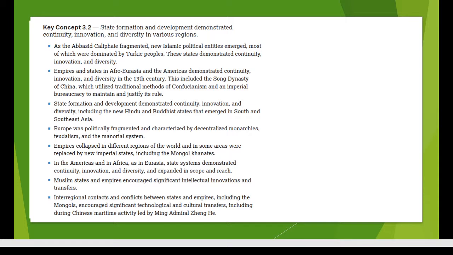Serfs were somewhat coerced, though, Caitlin. But nice work there, Caitlin, indeed.